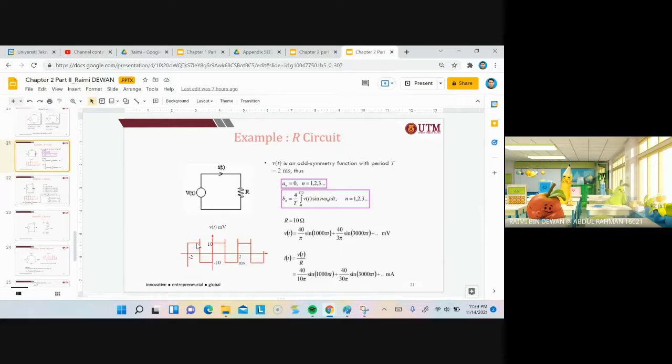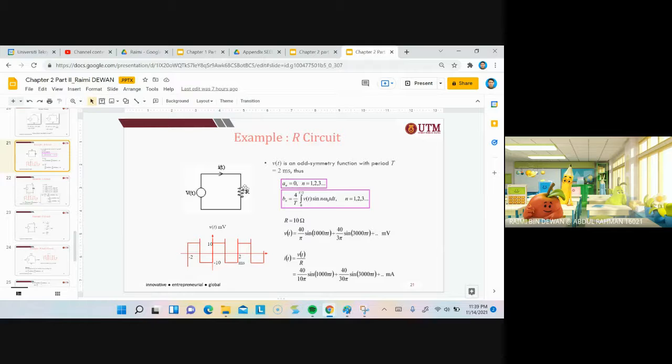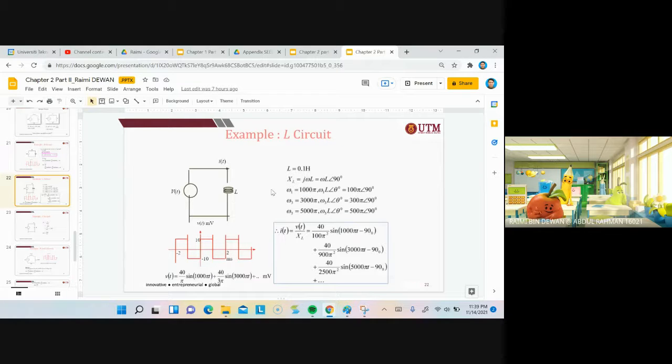The signals are still the same, but we replace the R with our L. So you see now we have 90 degrees here, which means the phase addition, whether it's delay or lead. There is a phase difference of 90 degrees.